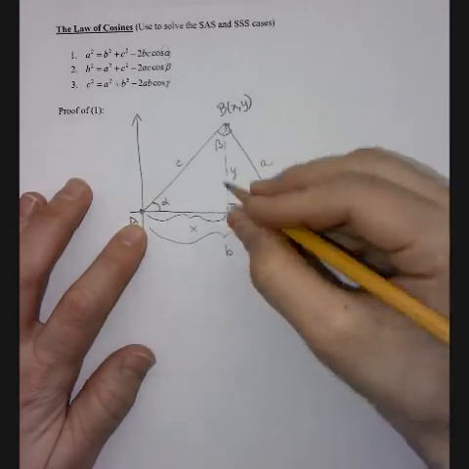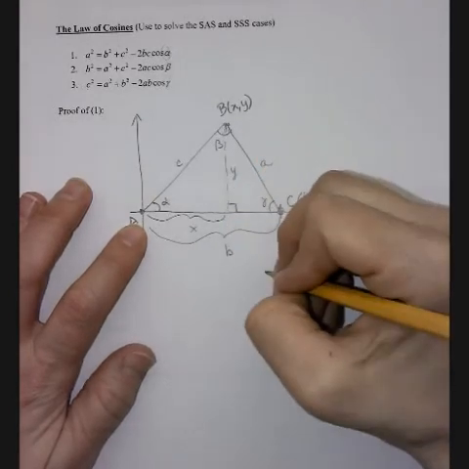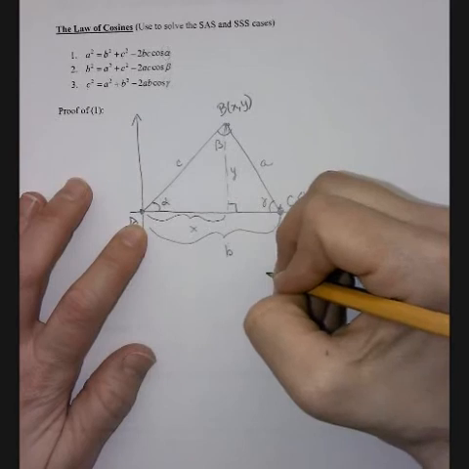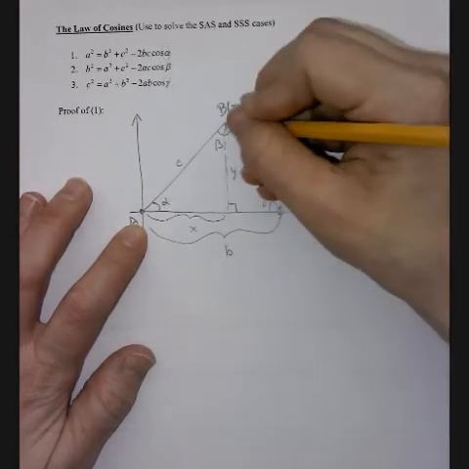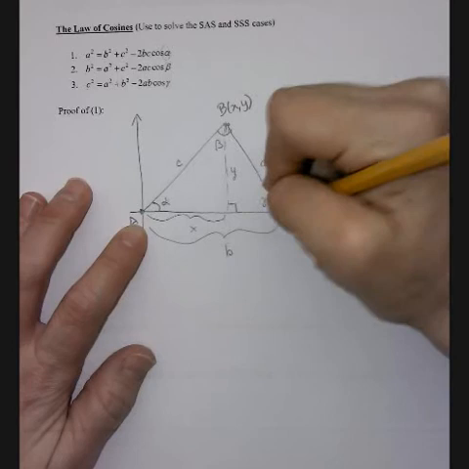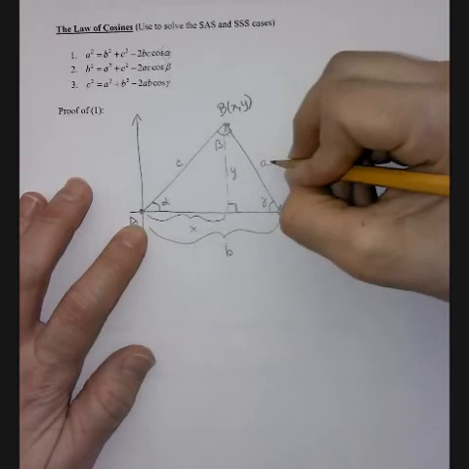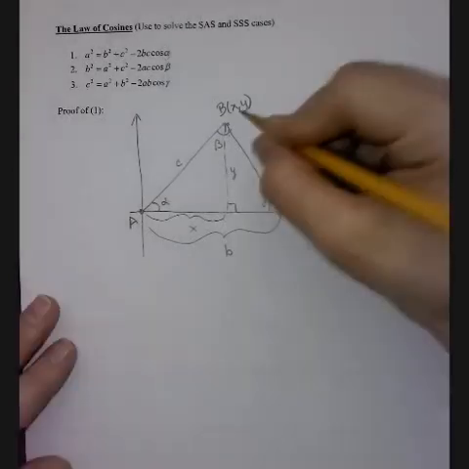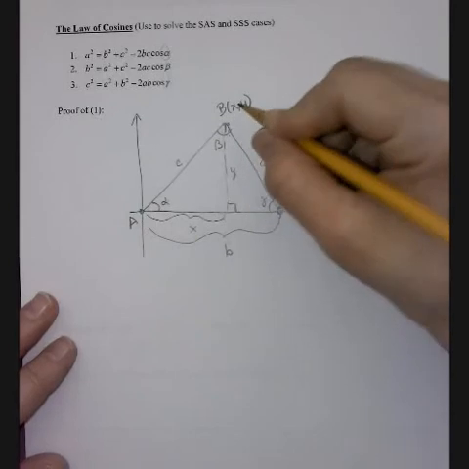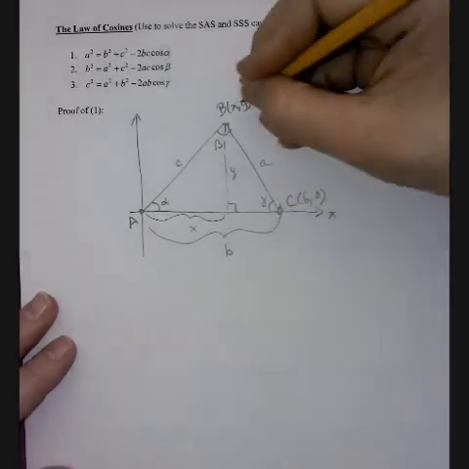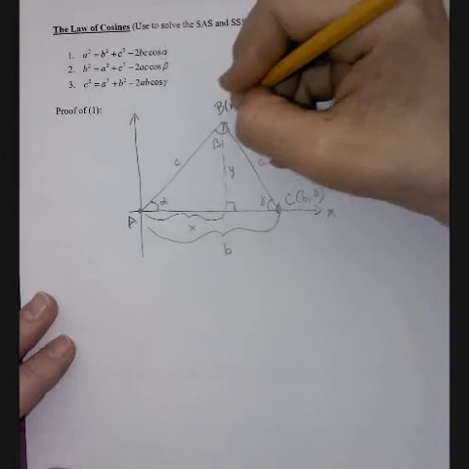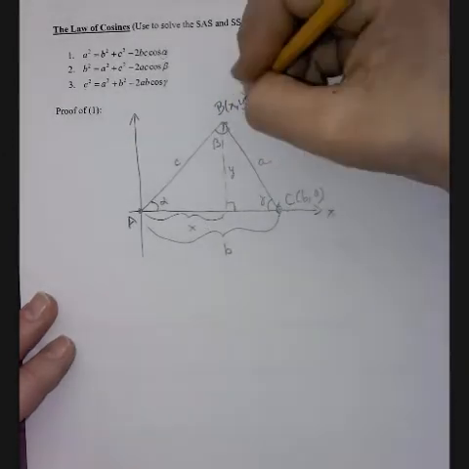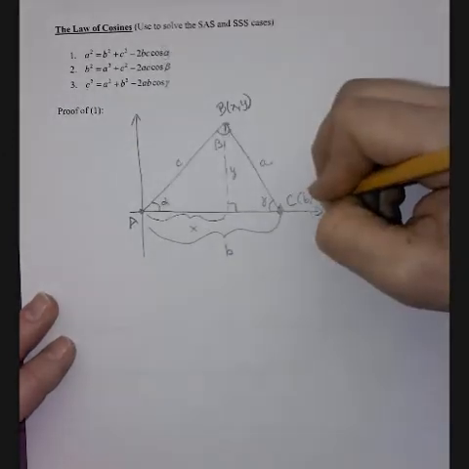So we're going to basically use the distance formula to find the length of A, okay? And then this is all going to come out, as you'll see. So what we need is we need to get x and y out of here. We need these coordinates. We're going to find the difference in the x coordinate squared plus the difference in the y coordinate squared. Take the square root of that, right?